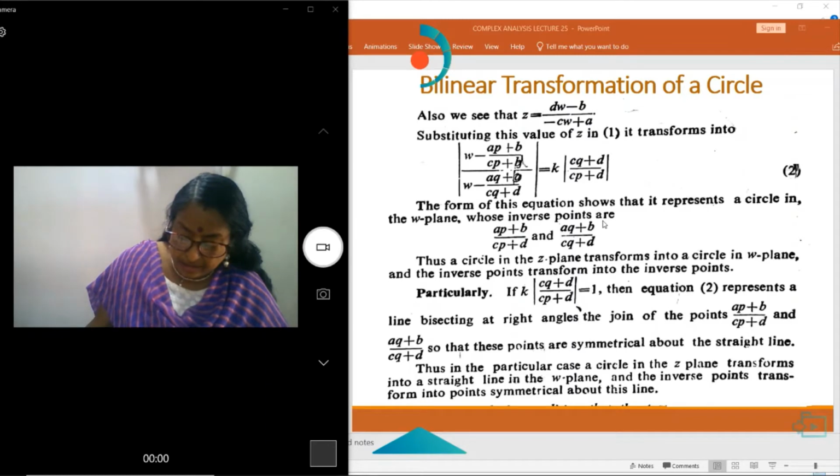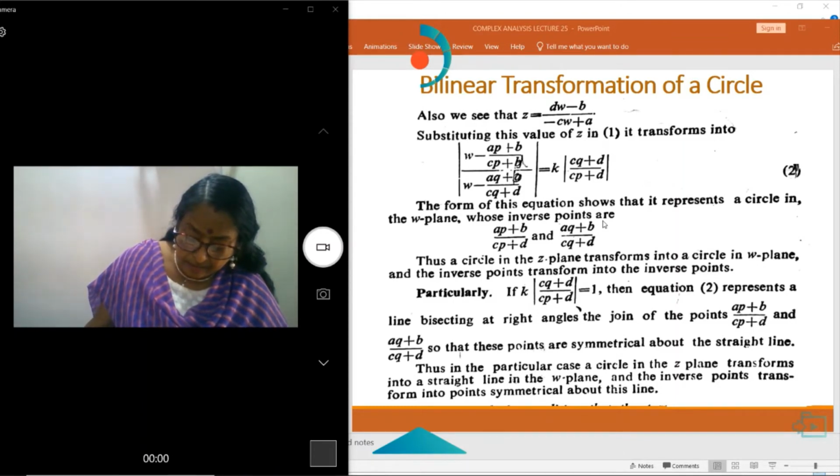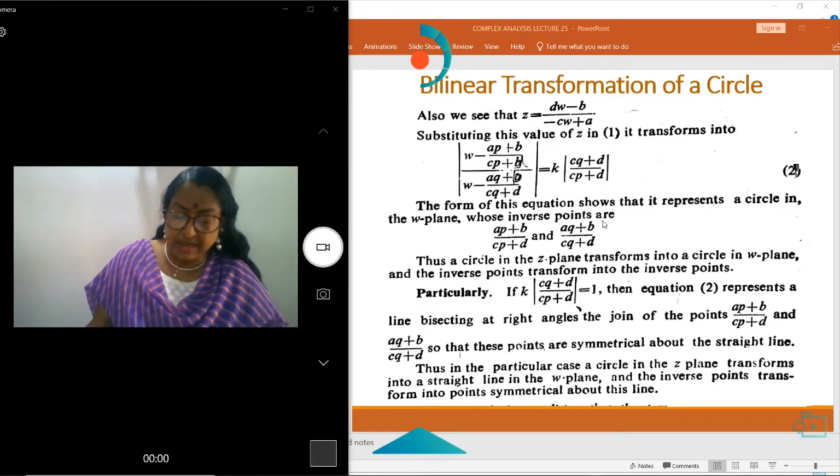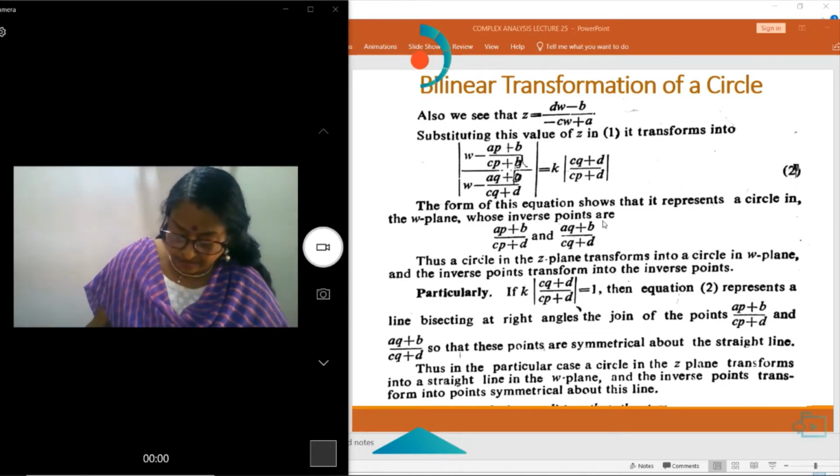That is, these points are symmetrical about the straight line. Thus, in this particular case, the circle in the Z plane is transformed into a line in the W plane if this condition is satisfied, if the right hand side becomes equal to 1.